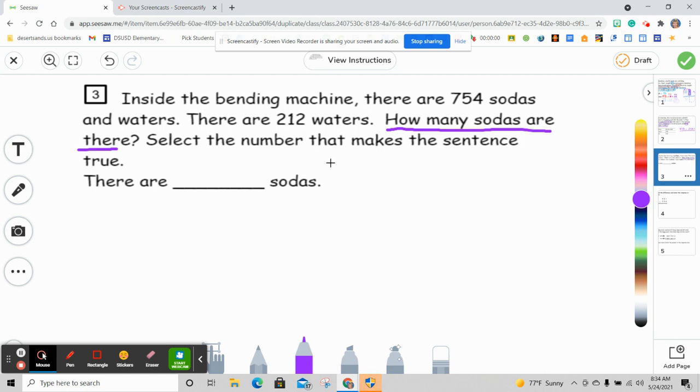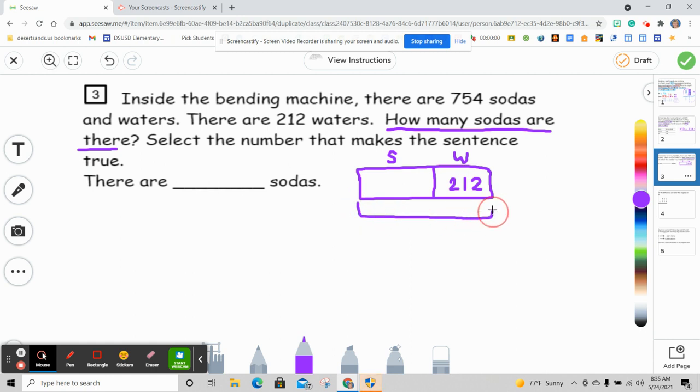Now we know how many waters. So for this one, we can have the part, whole. So, okay, part would be like part of the sodas and part of the waters. So this is the sodas. We don't know how many sodas. That's what we want to solve. But the waters, we do know the waters, which is 212. Now, in the whole thing, in the whole vending machine, if you look at the whole thing, you have 754.